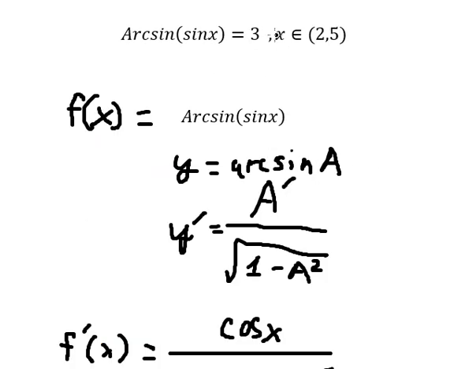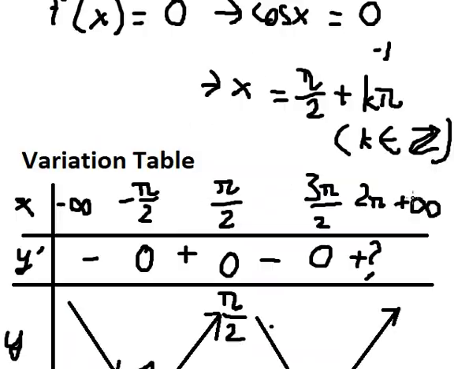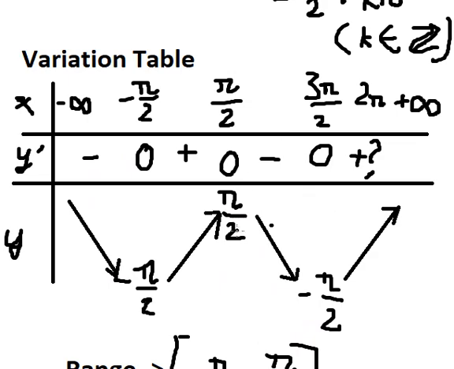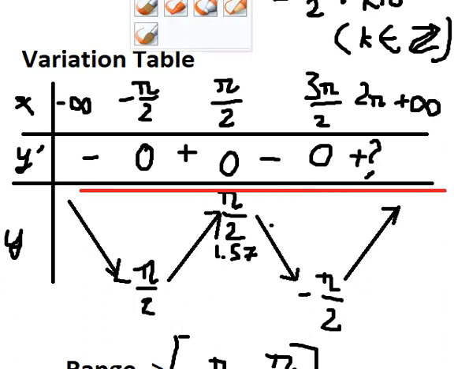So we know that we have number 3. We know that pi over 2 here is about 1.57. So the red line here represents y equals 3.